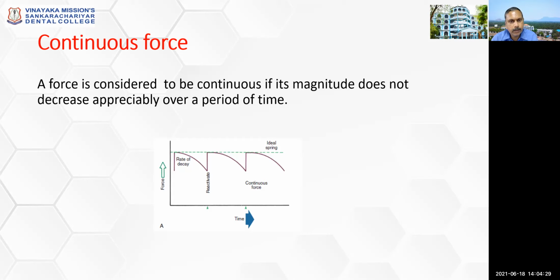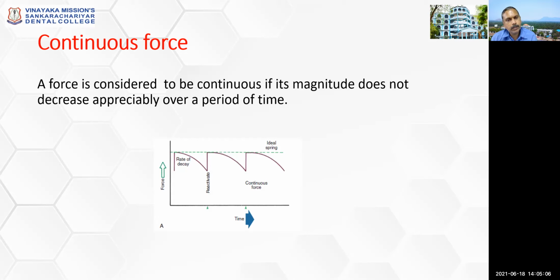When you read the rate of decay, you also see the continuous force, ideal spring, and the reactivation force. Now, a force is considered to be continuous if its magnitude does not decrease appreciably over a period of time. Don't learn by heart what is written over there.